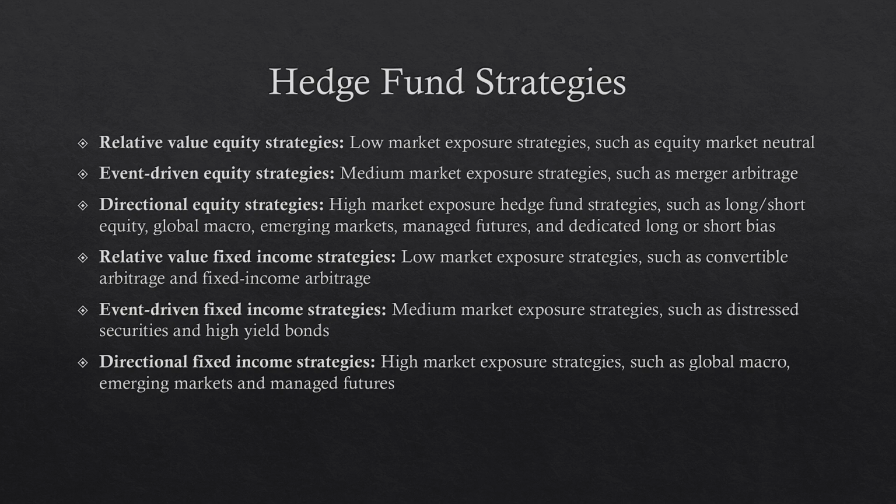Directional equity strategies, so high market exposure hedge fund strategies such as long and short equity, global macro, emerging markets, managed futures, and dedicated long or short bias. So sometimes maybe they short certain stocks in that fund to get this directional equity strategy. Relative value fixed income strategies.